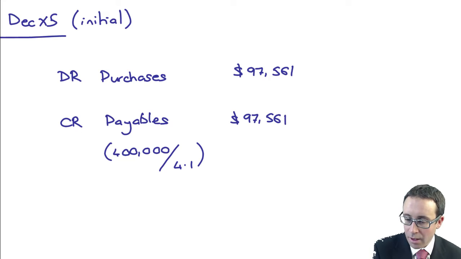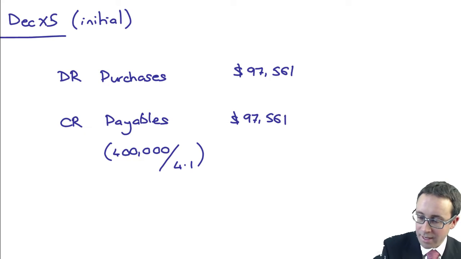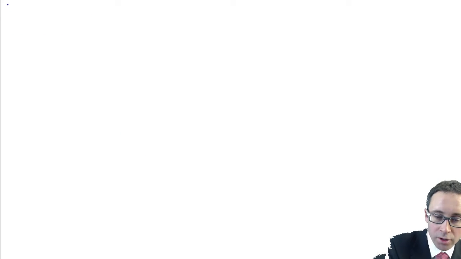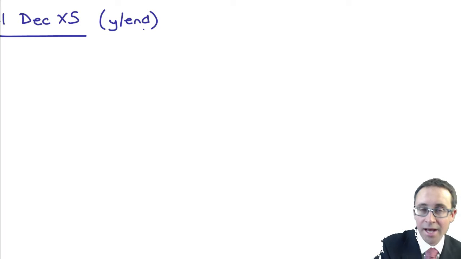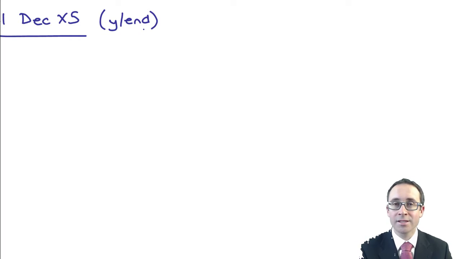Okay. What about the subsequent accounting treatments? Because what you've got there is we need to consider what happens at the 31st of December X5, because the 31st of December X5 is our accounting year end, isn't it?